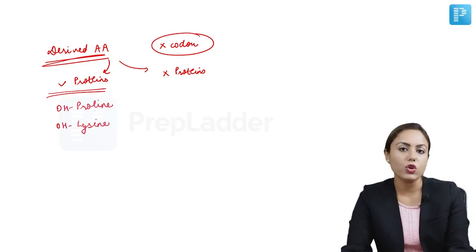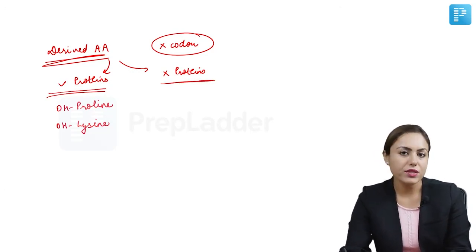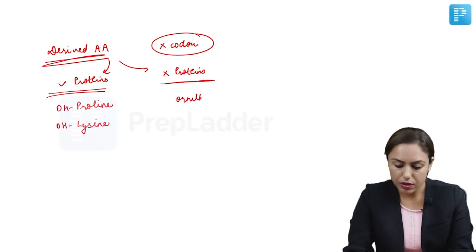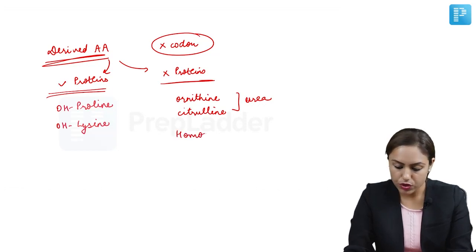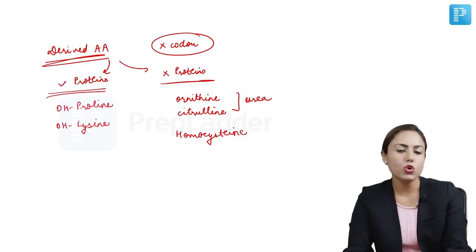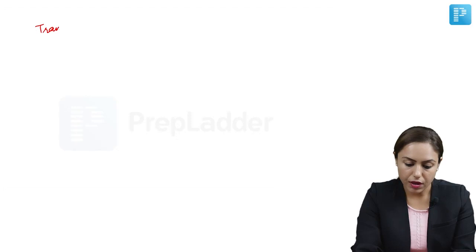They are found in collagen protein. Okay. Then the derived amino acids which are not in proteins are ornithine and citrulline. These are found in the urea cycle. Then we have homocysteine, which is found in methionine metabolism, right?